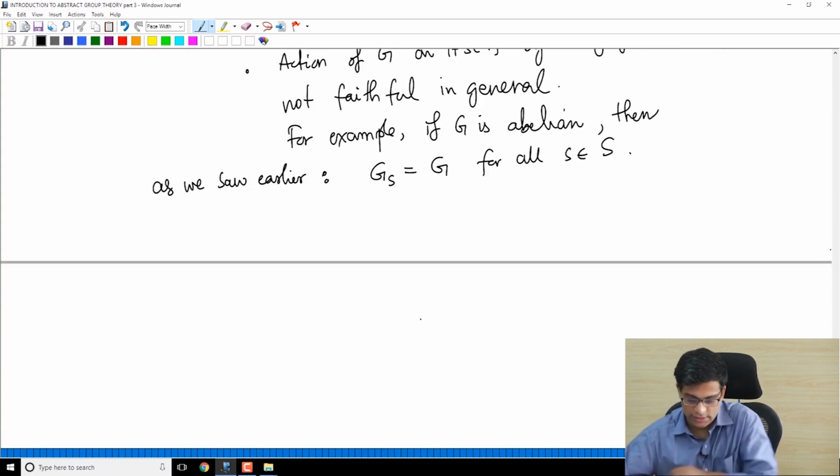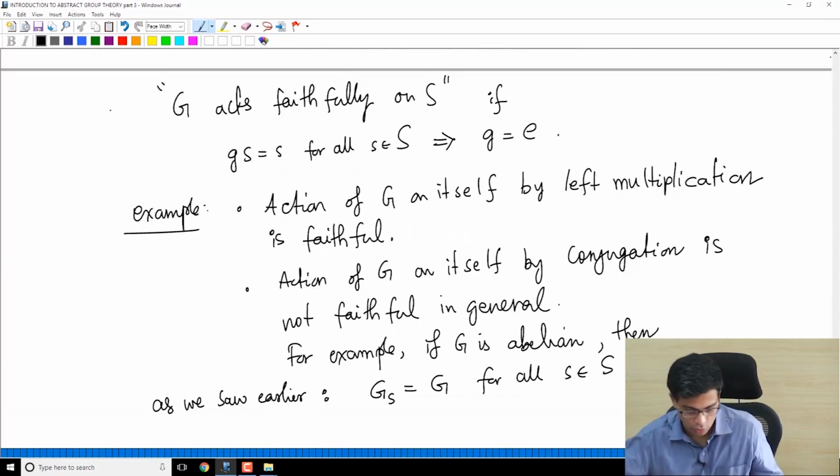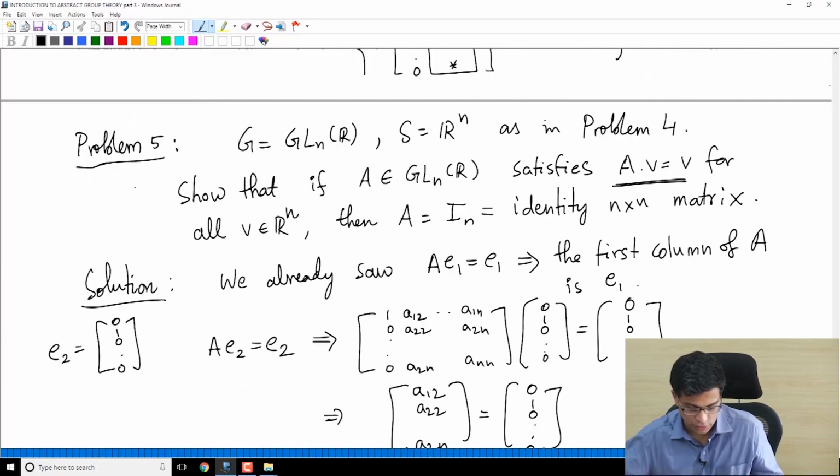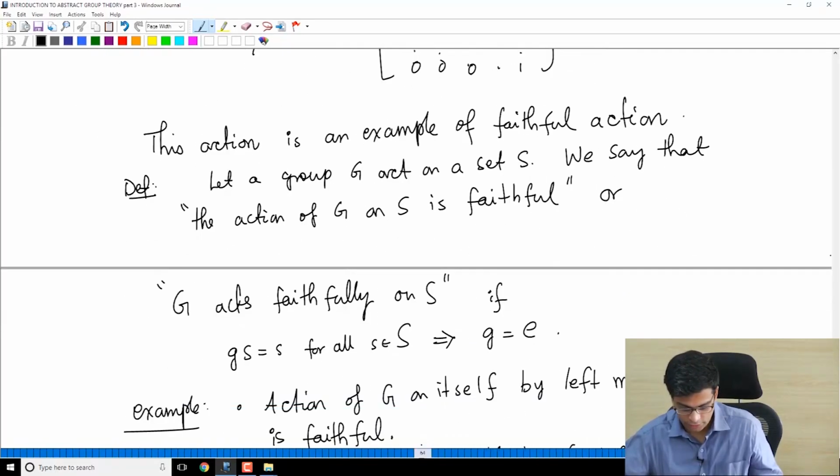On the other hand, this is a problem that I'll leave for you as an exercise. I won't do it, but it is an immediate consequence of the relevant problem here.